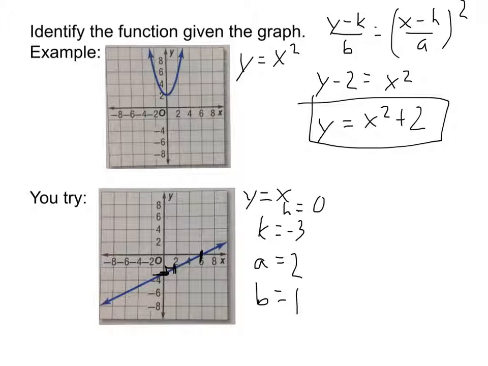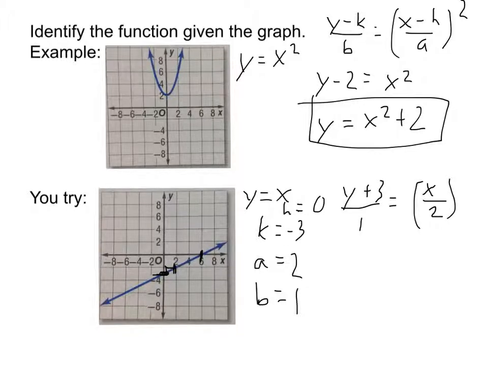So if I go to my equation, that's going to be y minus negative 3, makes it plus 3, over b is 1, equals, the function is just x, so we don't have to do anything outside of the parentheses here. But then x minus h we said was 0, over 2. Okay?